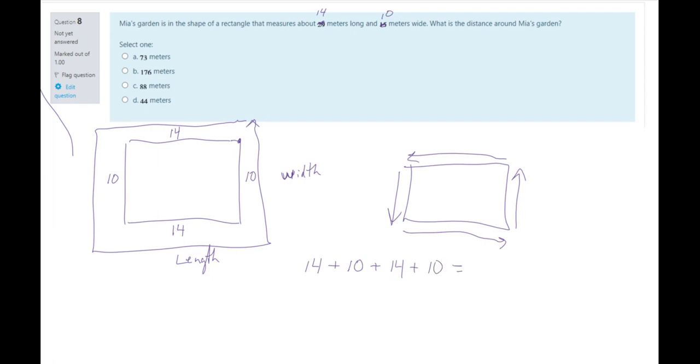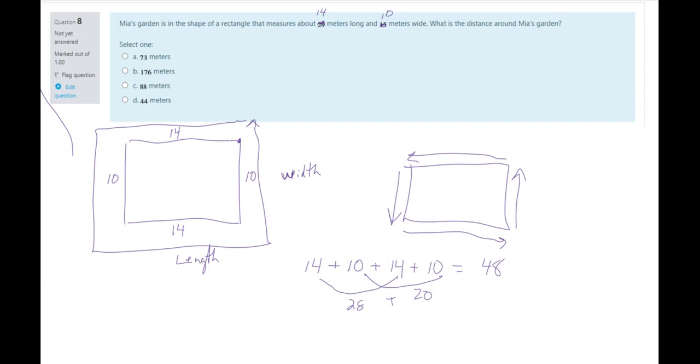There's lots of ways you can add this up, but 14 and 10 is 24 and another 14 is 38 and another 10 is 48. Some people would go, oh look, I got two 14s, that's 28, and I got two 10s, that's 20, and add those together is 48.